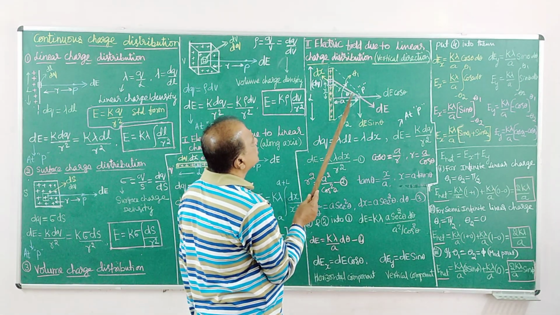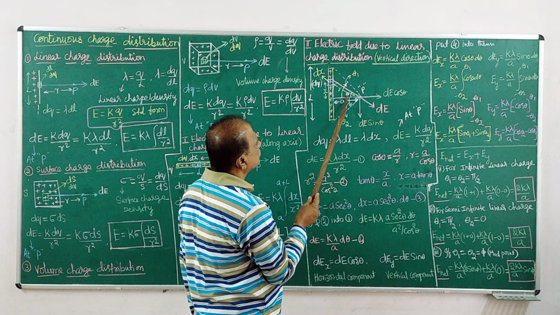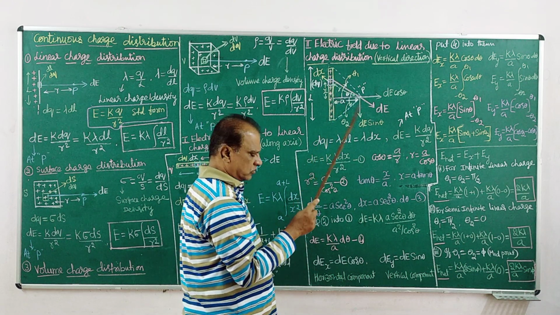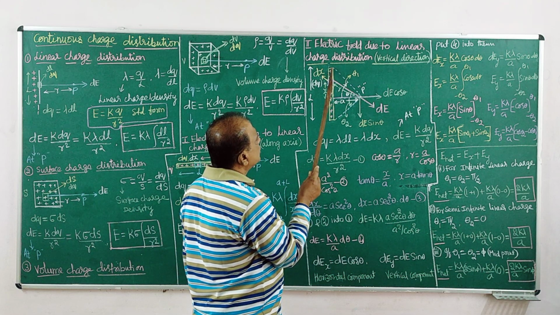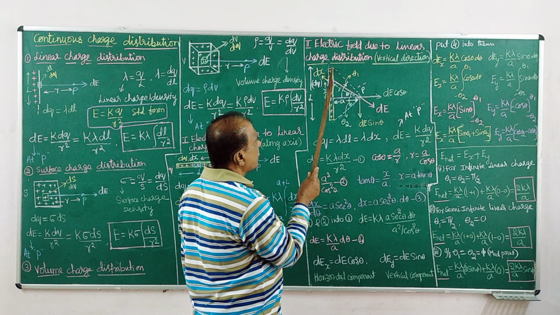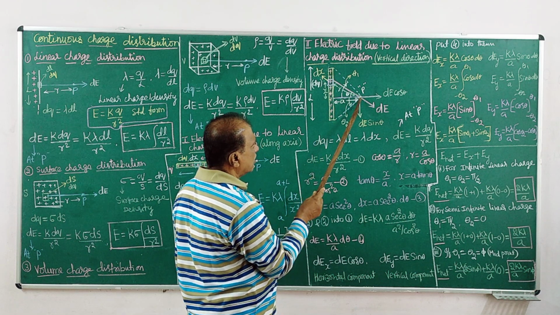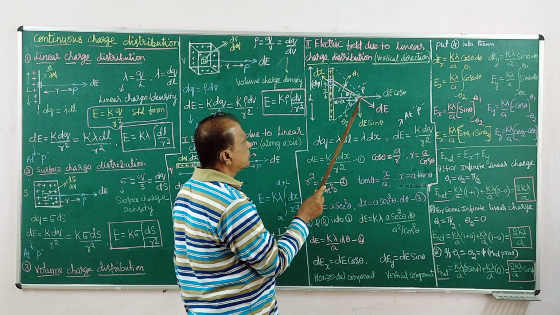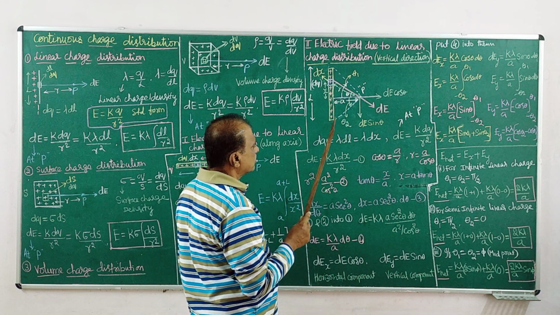Let us call the angle between these lines theta. Also let us draw a dotted straight line between this end of the charge and this point, and one more dotted line between this point and the other end of the line.